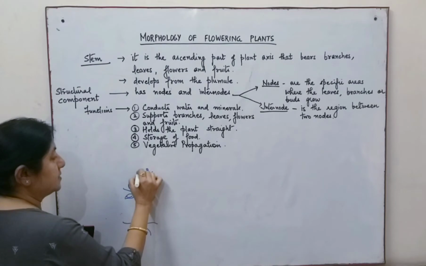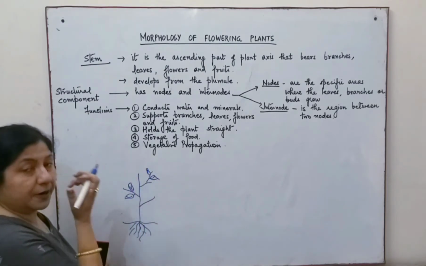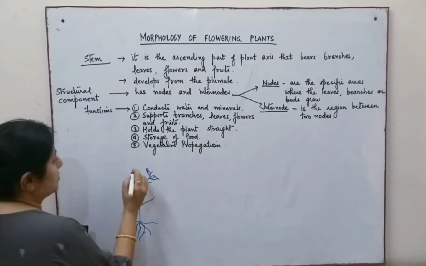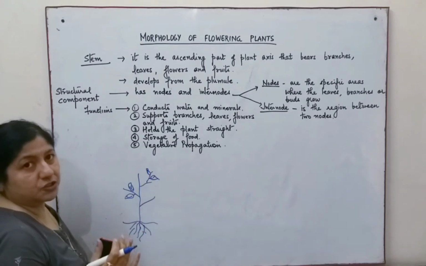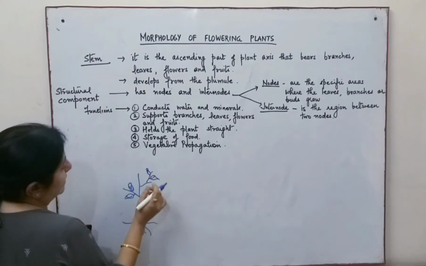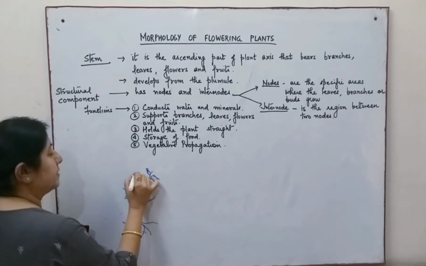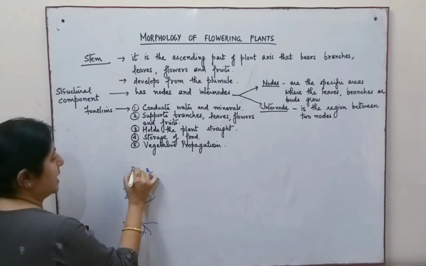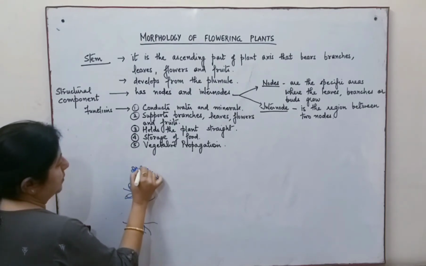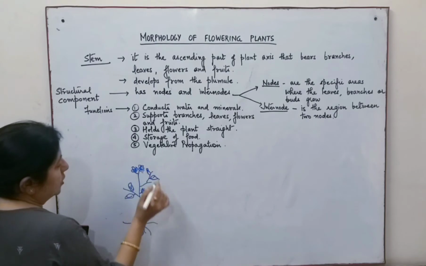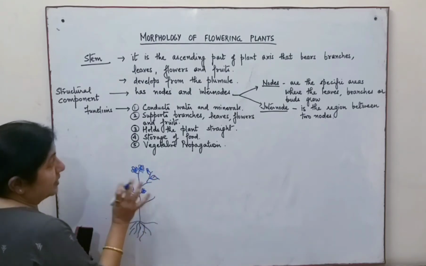the flowers, and the position of the flower may be axillary or terminal. We'll be discussing the position later on. But axillary is when the flowers are present towards the sides over here, or terminal when they are present at the top. So the flowers may be terminal or axillary.